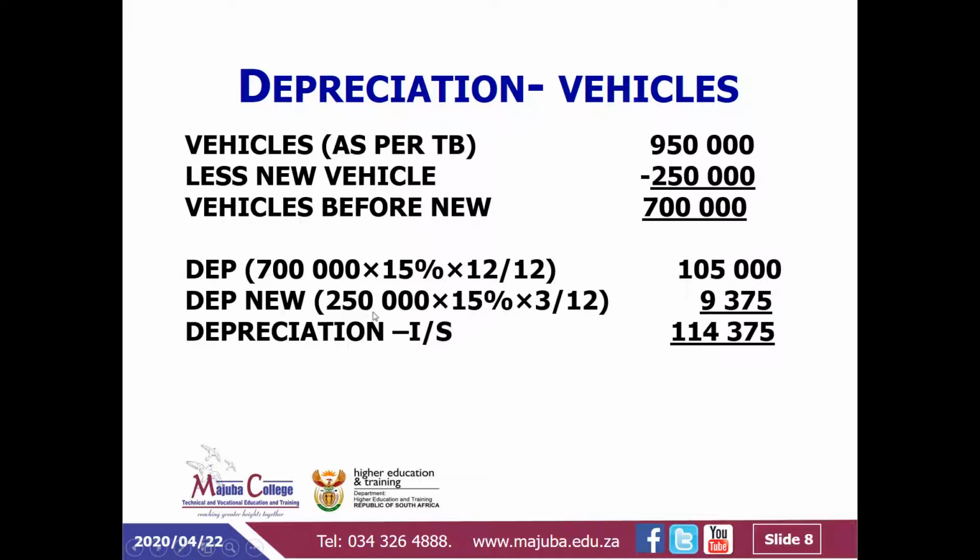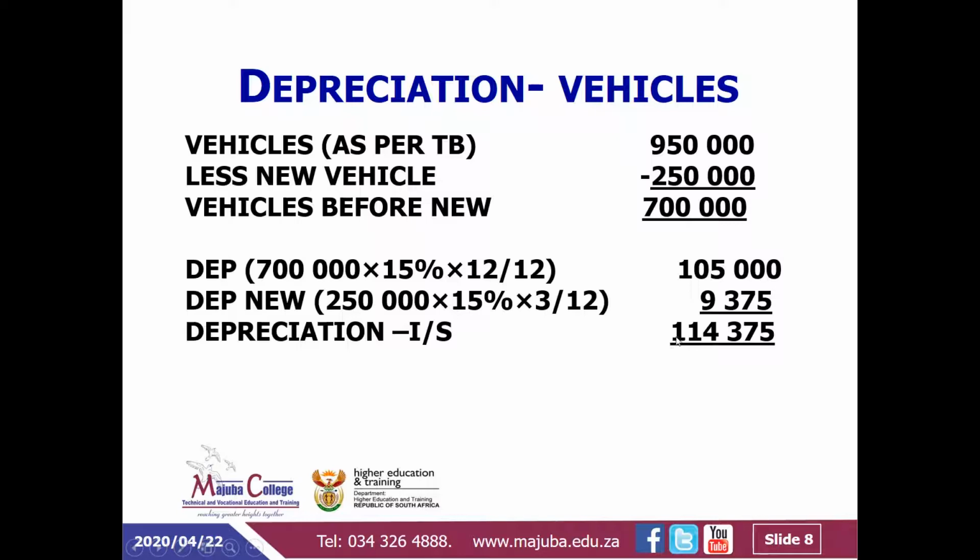Okay, let me go back a little. Apologies. So essentially, to determine the amount that will be taken to the income statement, we're going to calculate depreciation there, taking the 250 multiplied by 15% and appreciating the fact that it only existed for 3 months in the entire 12 months.